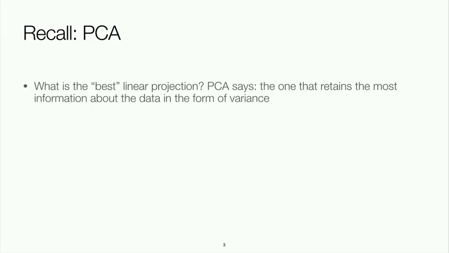Okay, so remember, let's go over what PCA was first. PCA was dimensionality reduction. We're trying to go from d-dimensional x's to something that's k-dimensional, where k is smaller than d. And in particular, in PCA, we restricted ourselves to linear projections, so some linear operation, some d by k matrix, that goes from d dimensions to k dimensions. And PCA asked, what is the best linear projection that we can learn?